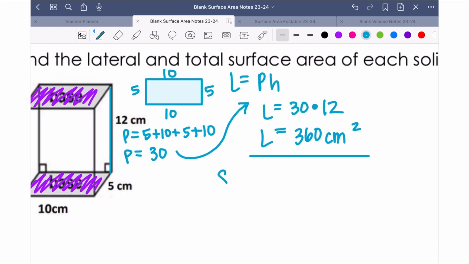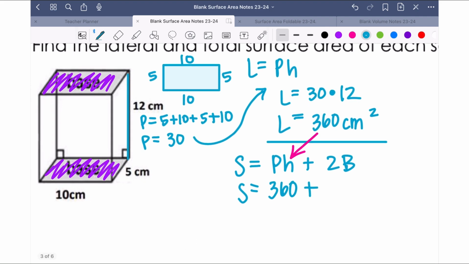Now let's do the total surface area, which is your perimeter times height plus the area of two bases. But I already know what the first part is. We just did it. What's the perimeter times the height? 360. So I'm just going to put that there. And now I need to find the area of the base. Remember, big B is the area of the base.